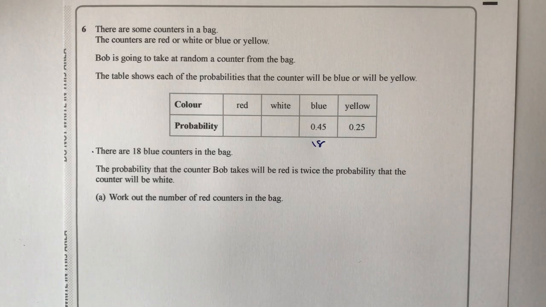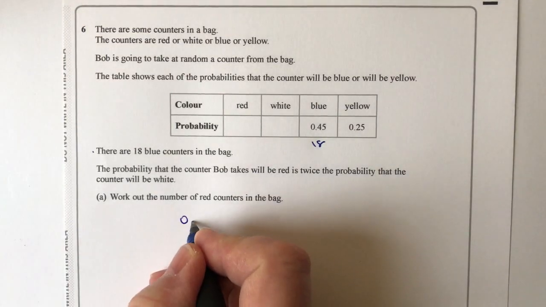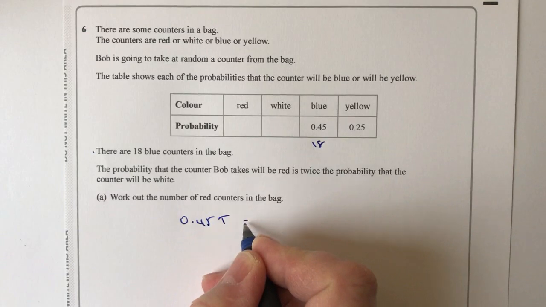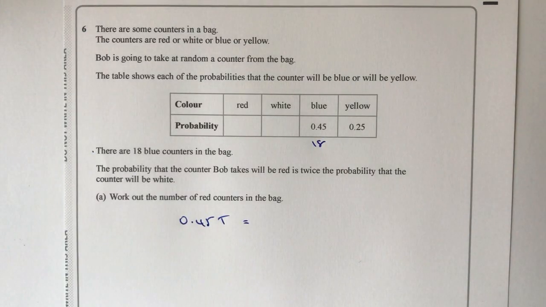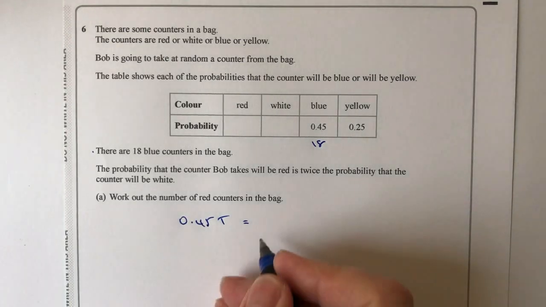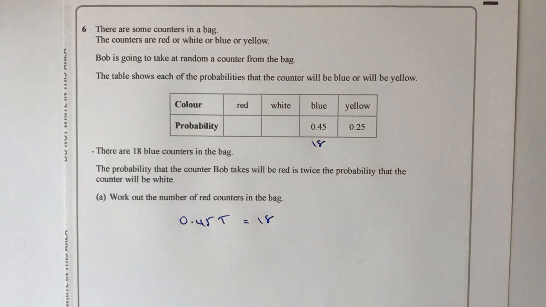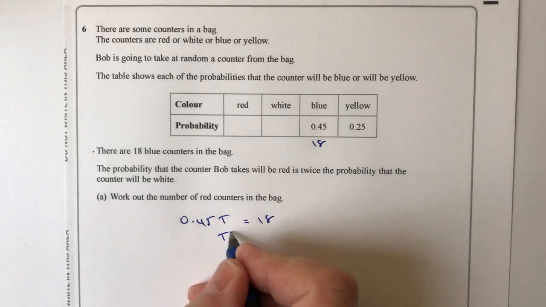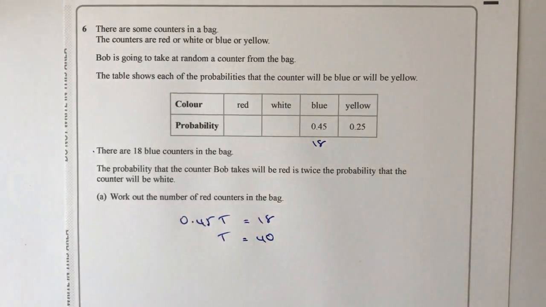The total number of blue counters, we're told, is 18. So 0.45 times t is going to be equal to 18. We can use that fact to work out the number of counters overall by dividing through by 0.45. So therefore there must be 40 counters in total.